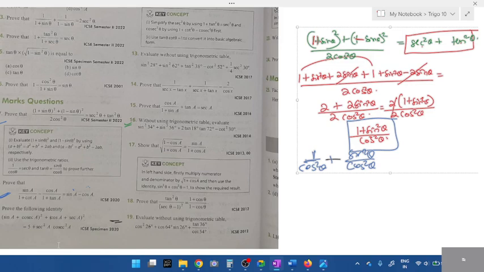So maximum try to convert any one side. If you're not able to do, you can try the second. So mostly we take only left hand side. Always take left hand side and solve.